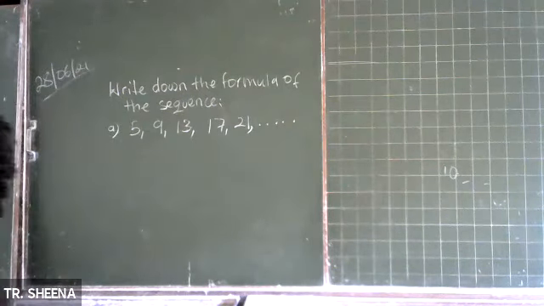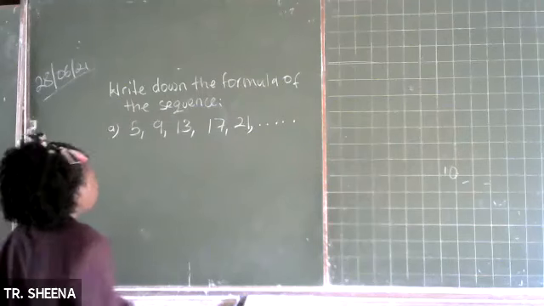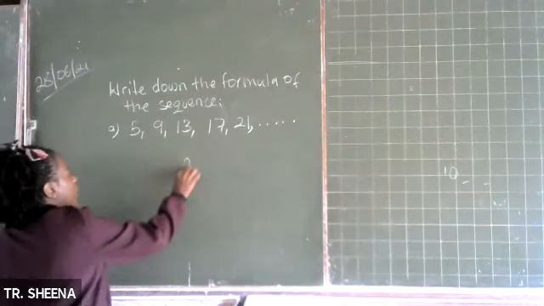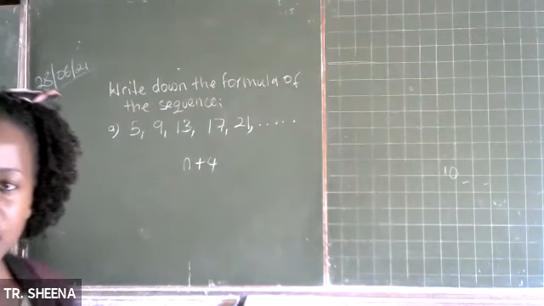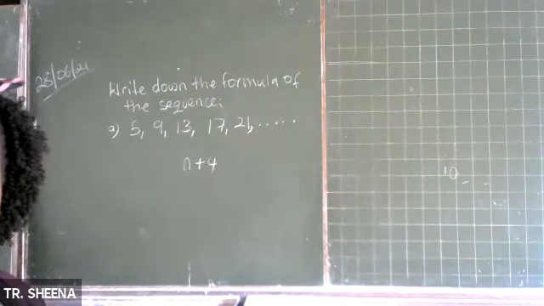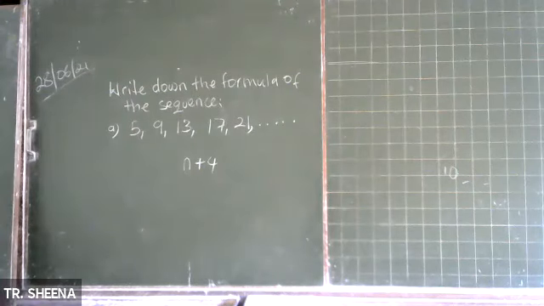Okay, those are enough hands. Let me hear your answers in the order of the hands. Marilyn, what's your formula? N plus 4. Thank you. We shall check the formulas later. Hannah, what's your formula? My formula is 4n plus 1. 4n plus 1.